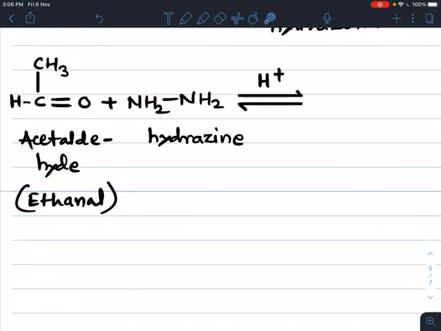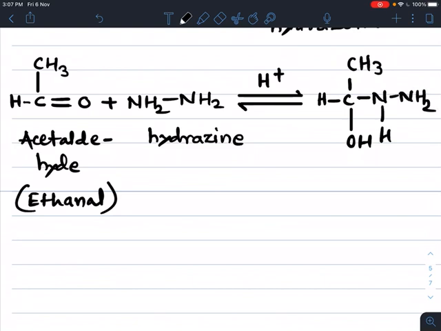So hydrogen is added to oxygen and nitrogen is added to carbon. We get its corresponding CH3 as it is. To the oxygen hydrogen is added, and to the carbon nitrogen is added with NH2.